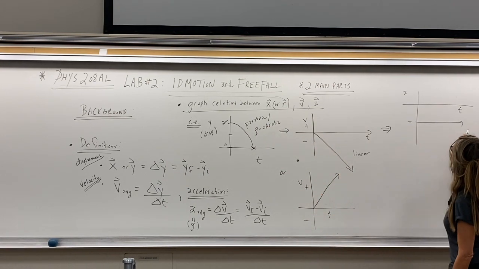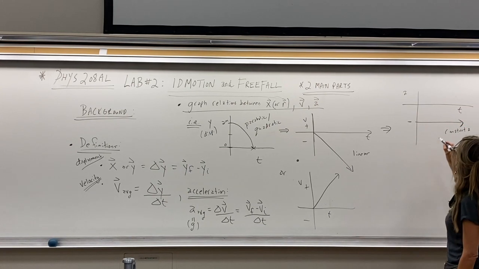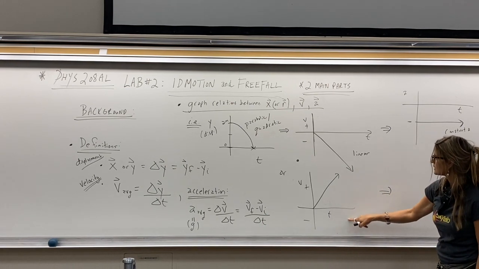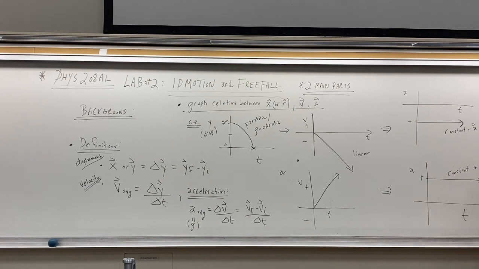Here we'd have a constant a. And for this velocity versus time graph, our acceleration would be positive, but it would be constant as well. There we go, so that's what it would look like.